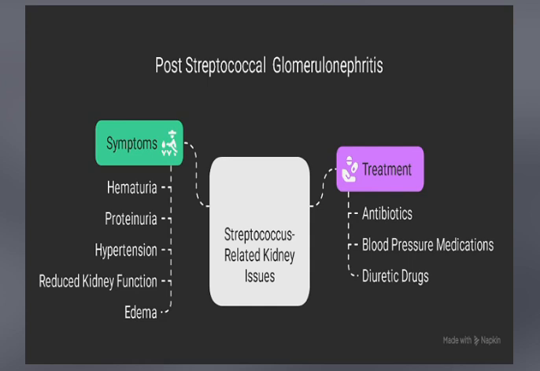PSGN is a type of post-infectious glomerulonephritis and is most common in children. Treatment typically involves managing symptoms like high blood pressure and fluid retention with medications and treating any underlying streptococcal infection with antibiotics.